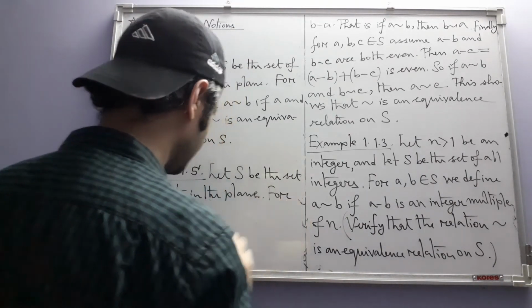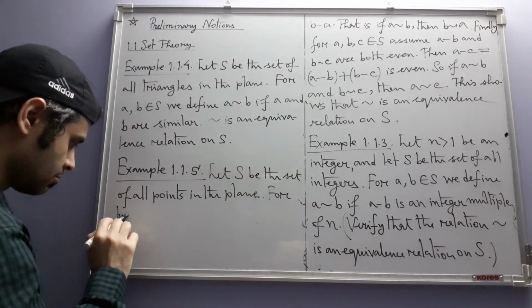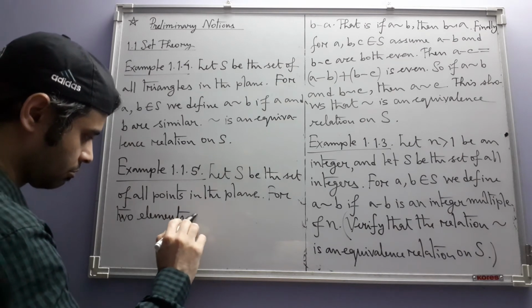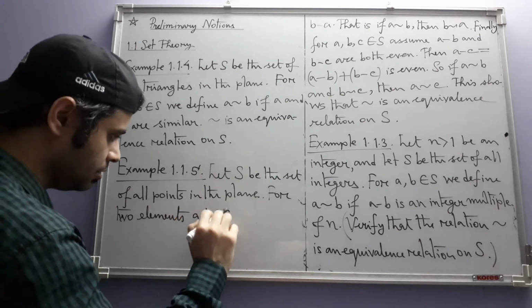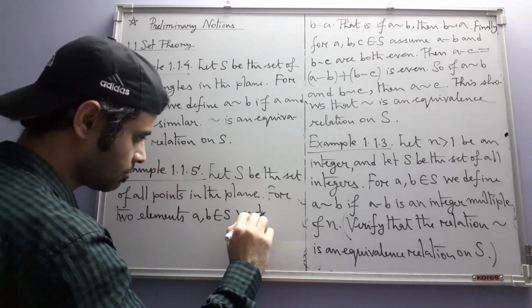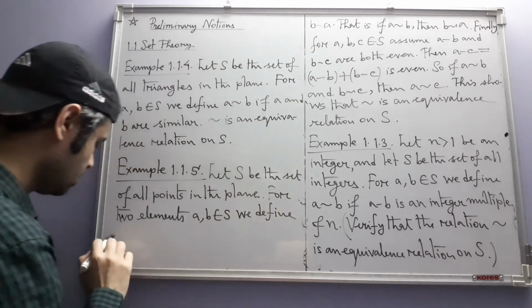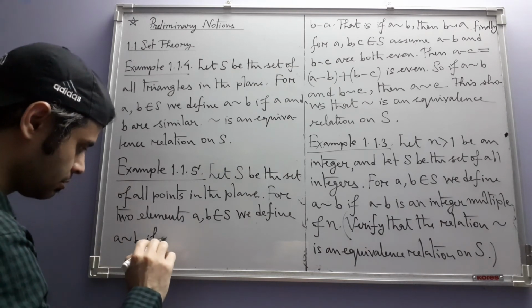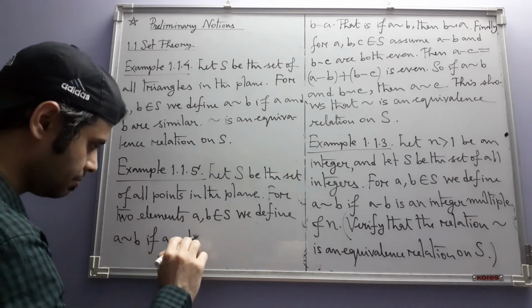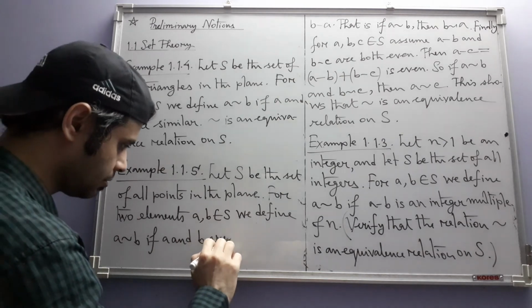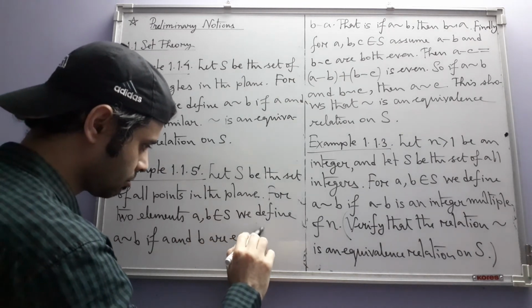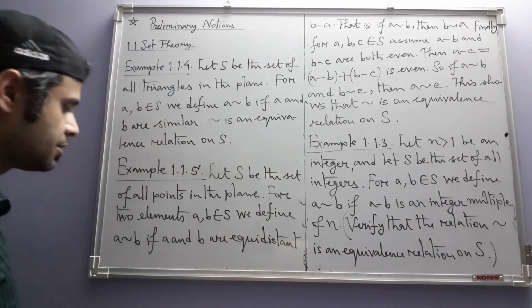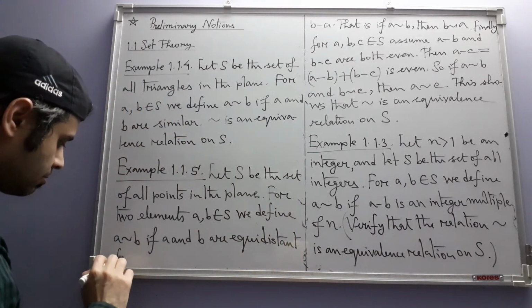So for 2 points, A and B, we define this: A is related to B if A and B are equidistant from the origin.